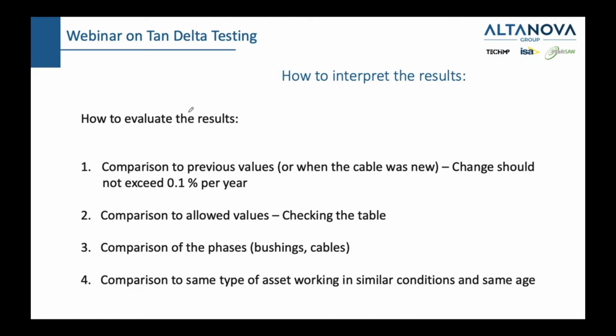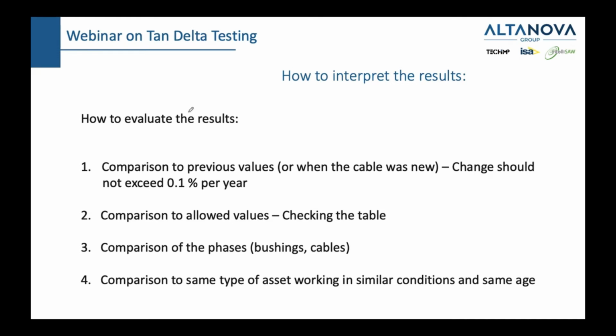Because if you have minus 7 or 3 or 1.5%, probably you have issues with the execution of measurement. You are not measuring correctly. But if you have minus 0.01, in that case, you are probably dealing with a very good insulation, and the accuracy of the measurement is maybe not that great.